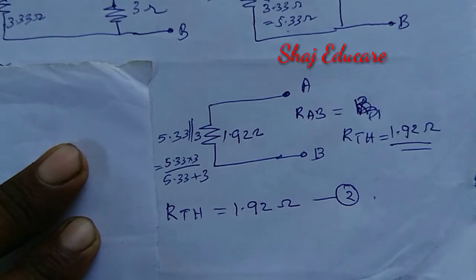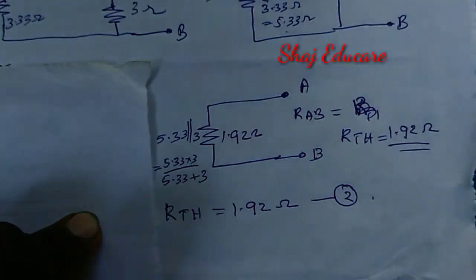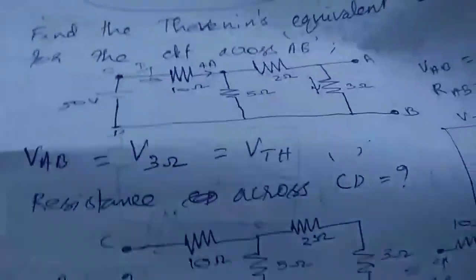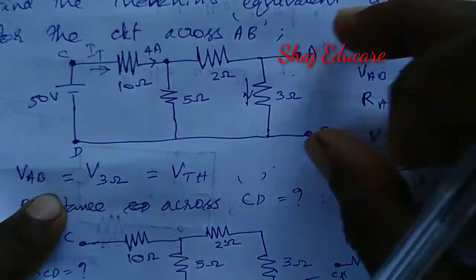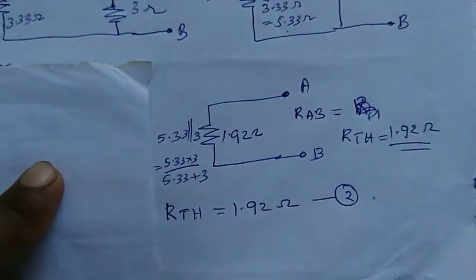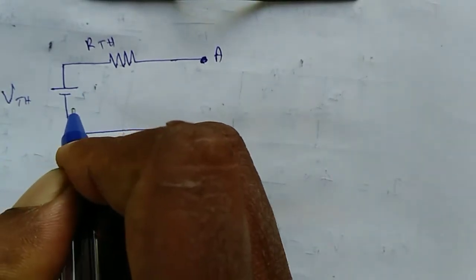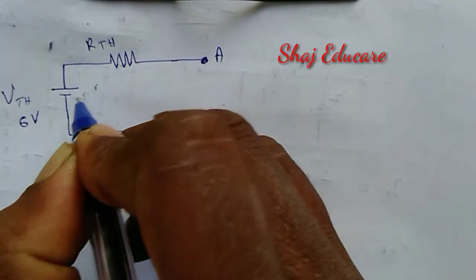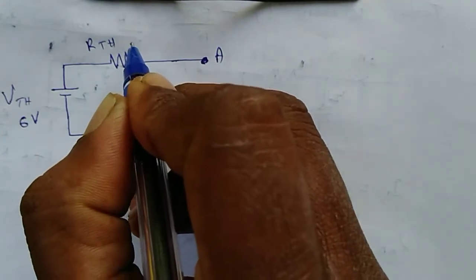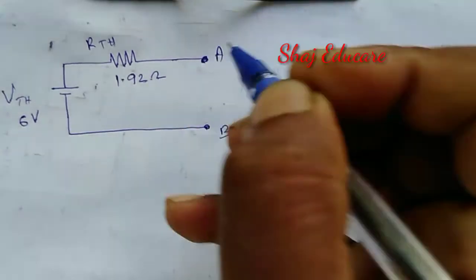Now let us draw the Thevenin equivalent circuit across AB. This will be the Thevenin equivalent circuit, with VTH equal to 6 volt and RTH equal to 1.92 ohm.